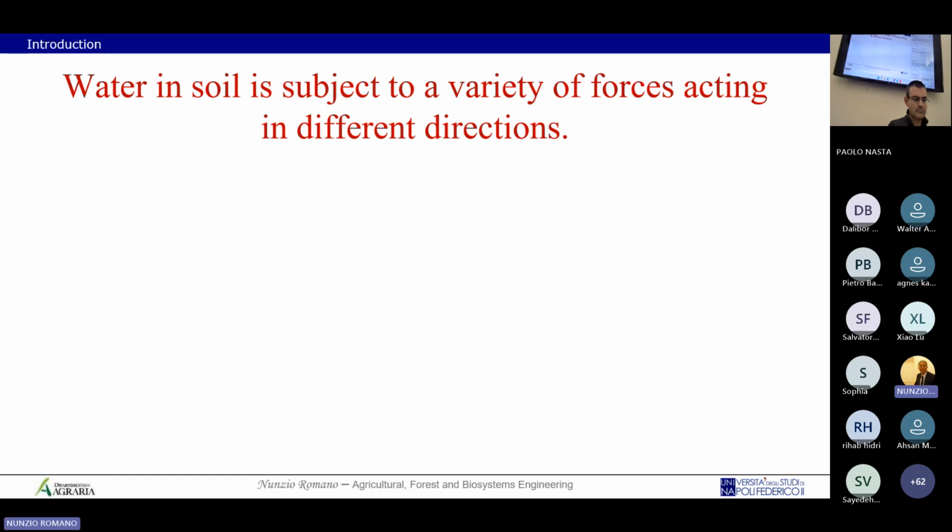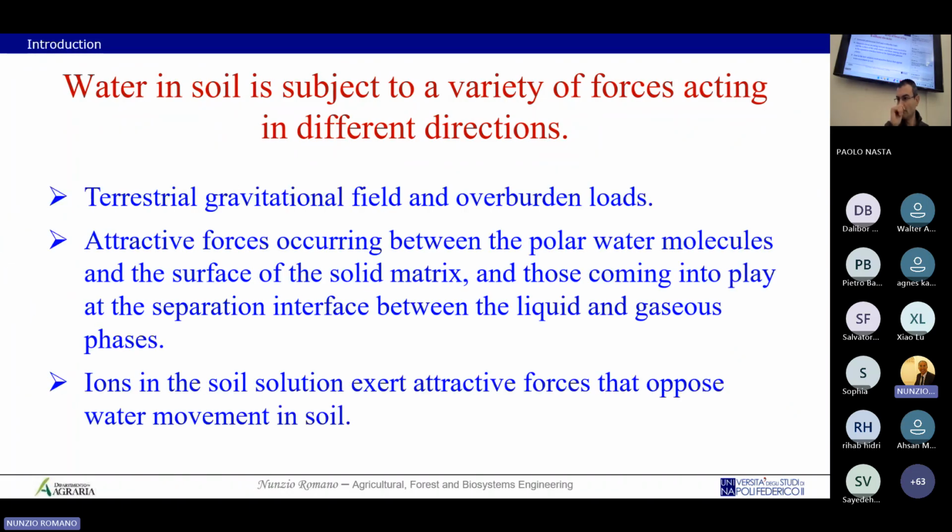Before introducing the potential energy, we should consider the variety of forces acting on a water molecule, and these forces act in different directions. First of all, we have the terrestrial gravitational field and the overburden loads that mostly act in a vertical direction.